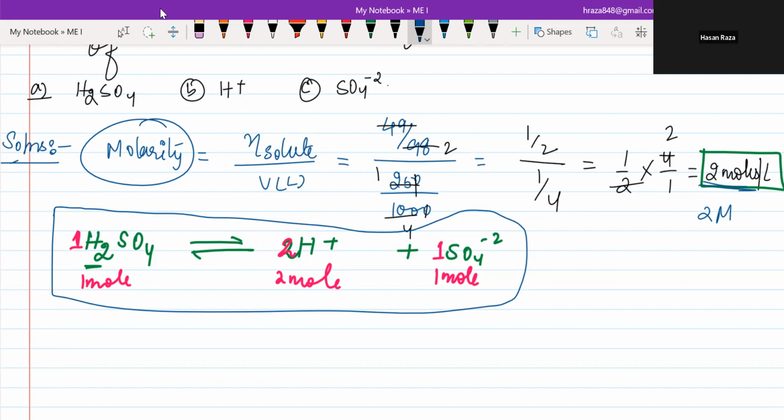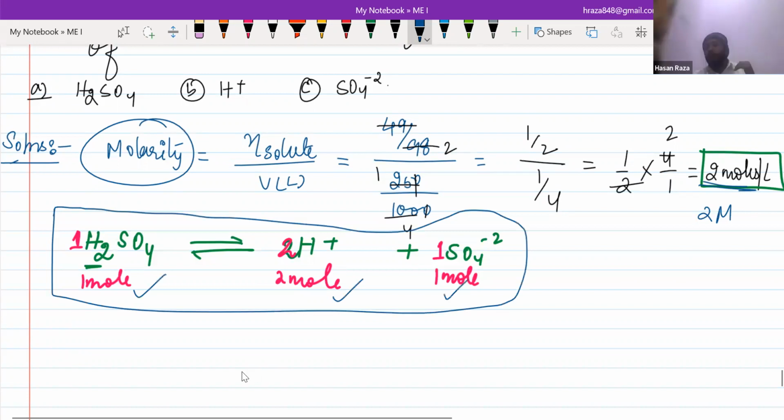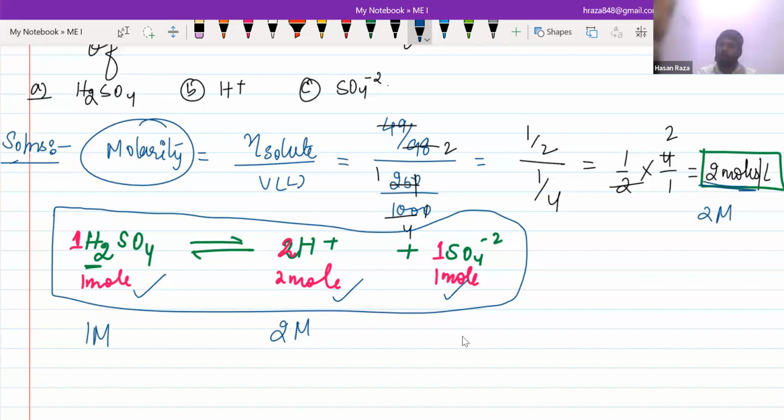As you can see, 1 mole of this will give you 2 mole and 1 mole of this. In the same way, we can compare the molarity. That means 1 molarity of this will give 2 molarity of this and 1 molarity of this. This 1, 2, 2 comes from here. It's a stoichiometric coefficient. Are you getting my point, Anushka?